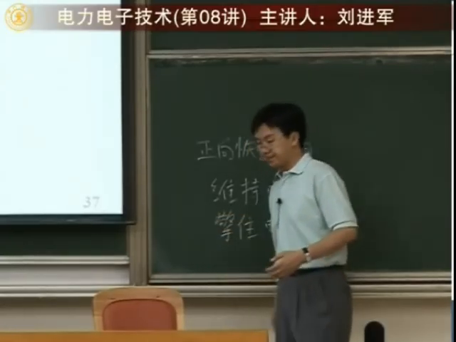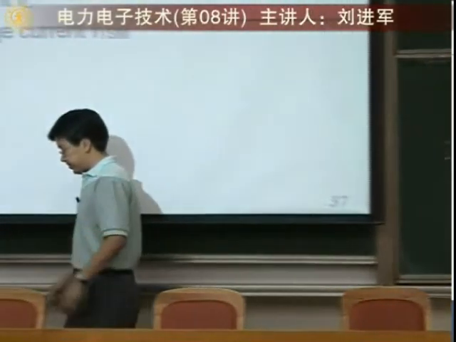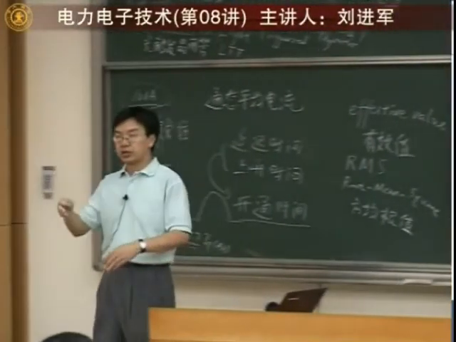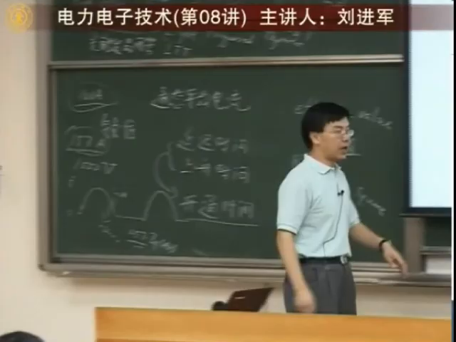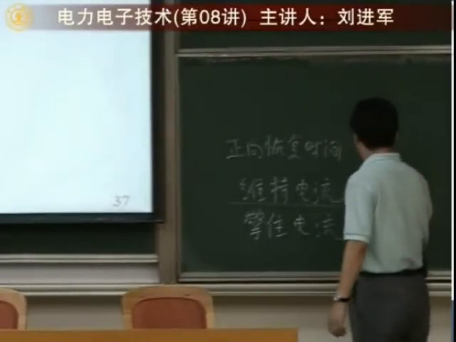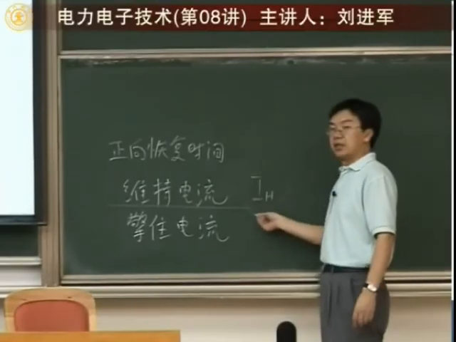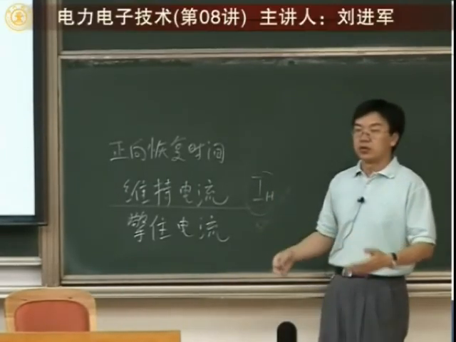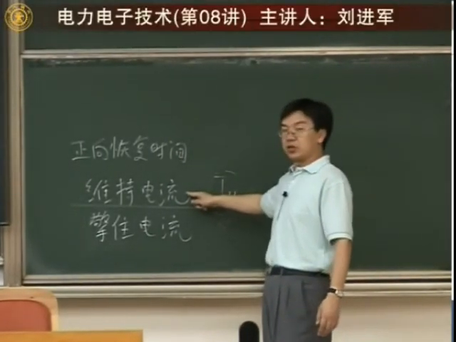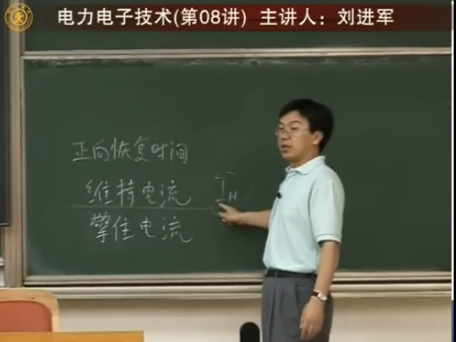Holding current means when you turn on thyristor, when the current flowing through thyristor has reached the value higher than this holding current. Only when the actual current flowing through the thyristor is higher than its holding current, you can remove the gate current. You remove that gate current, the thyristor will still be turned on. That's called holding current.